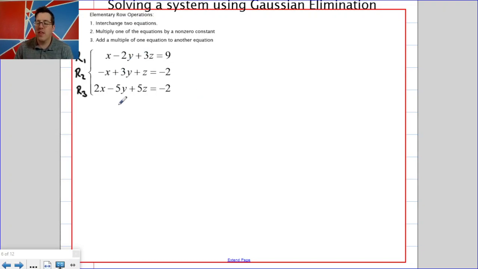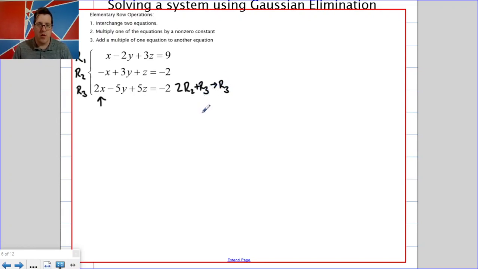So the first thing that I am going to do is I'm going to obtain a 0 here. So I am going to add 2 row 2 to row 3. And I'm going to store that in row 3.